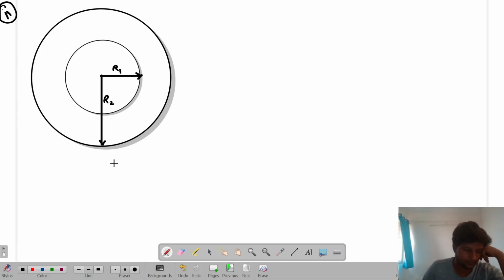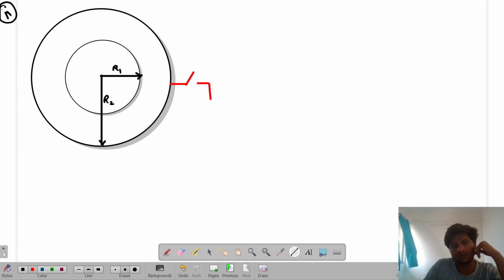Is that clear? But one thing is there, this time the outer surface has a connection with the ground. Switches.